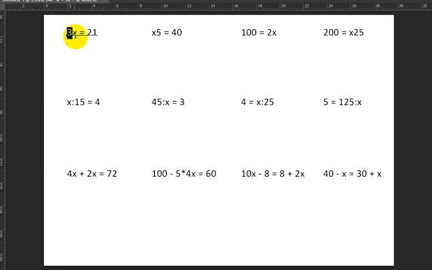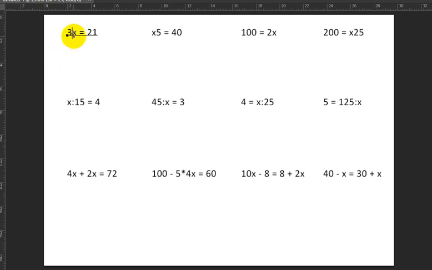So when you see something like this where it's 3x without signifying what is going on between the number and the x, it is implied that there's a multiplication symbol between them. So 3x means 3 times x.